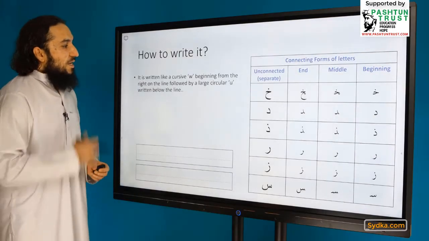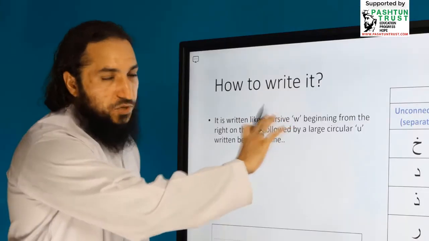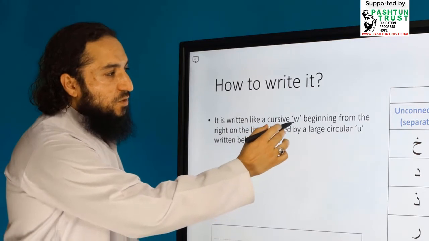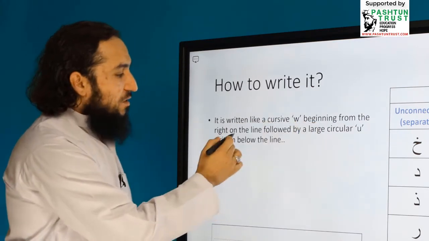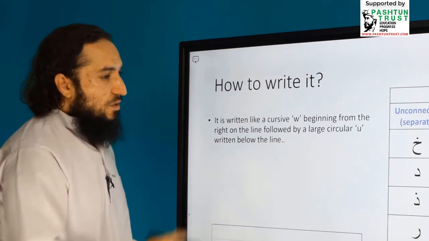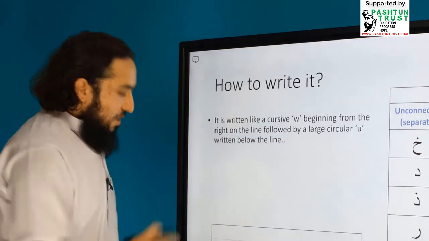How to write it? Let me read it out and then we'll explain it. It is written like a cursive W beginning from the right on the top line, followed by a large circle, a U, written below it. Let me explain that to you.